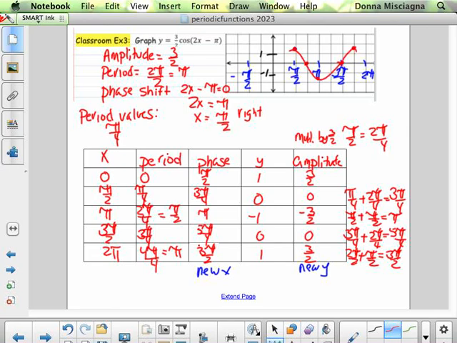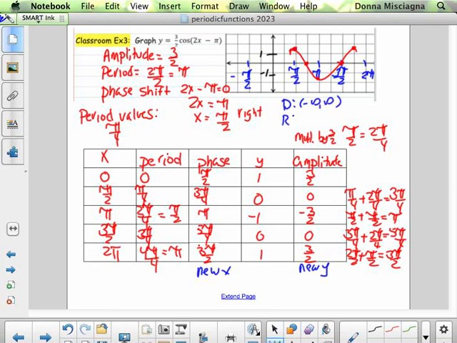All right, it's just that usual cosine, but shifted. First, it was stretched vertically, compressed horizontally, and shifted pi halves units to the right. The domain is negative infinity to infinity.